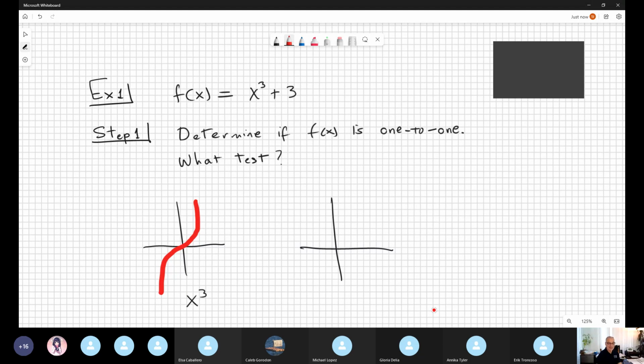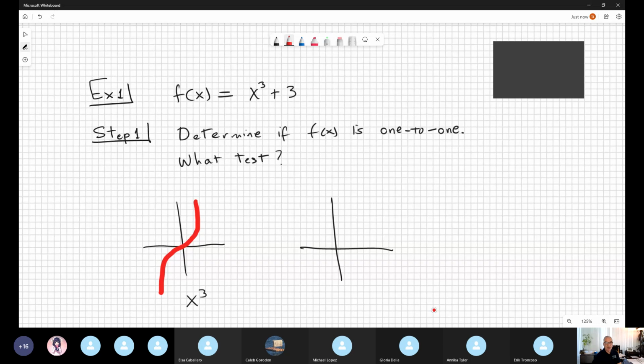Remember, when you add, you don't reflect. You don't deform, because when you multiply, yes, you're stretching or compressing. But when you add 3 to the y value, the only thing you are doing is a motion 3 units up.